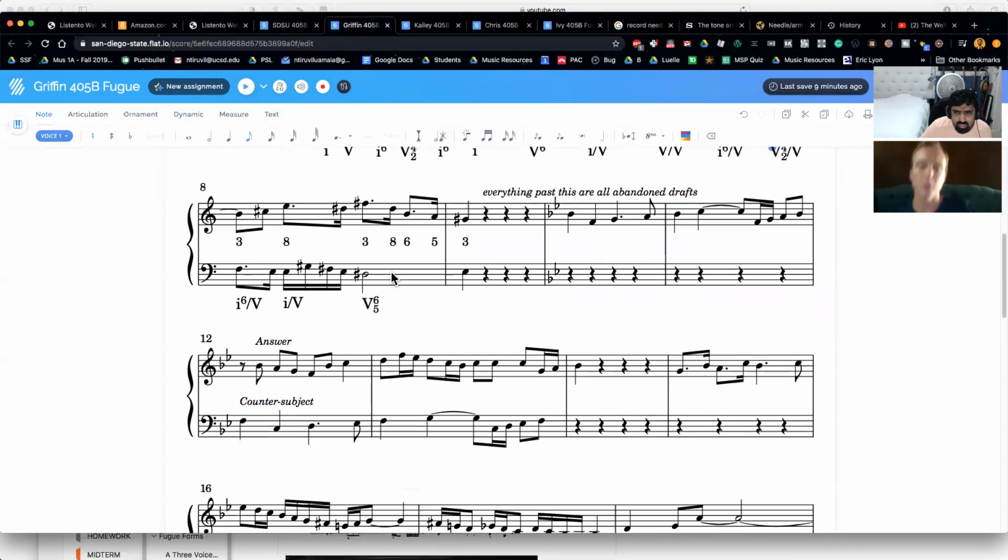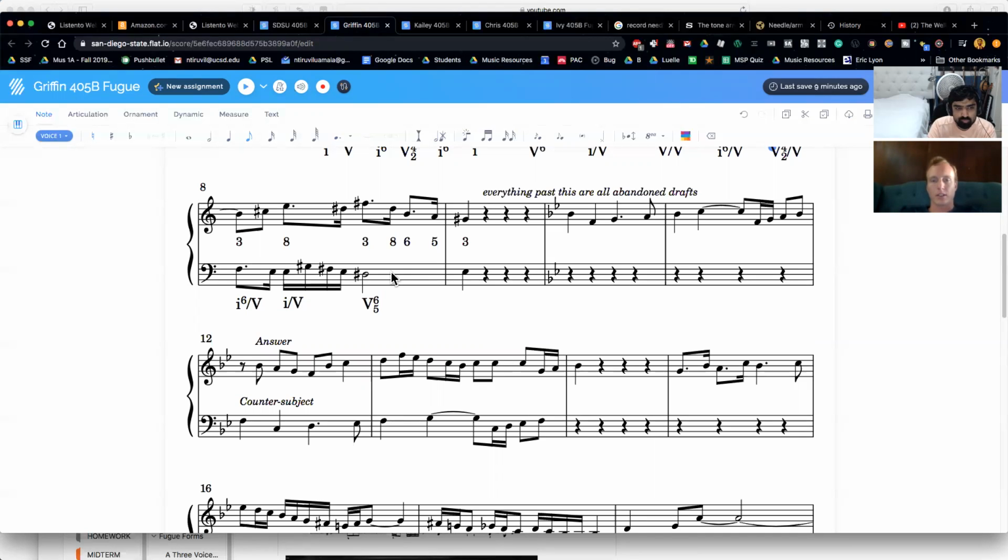Yeah, it's just hard to write it in the style, because it's easier for me to write a canon where the interval of imitation is at a unison than to write something at the 5th that sounds convincing and actually goes there. It's just weird for me.